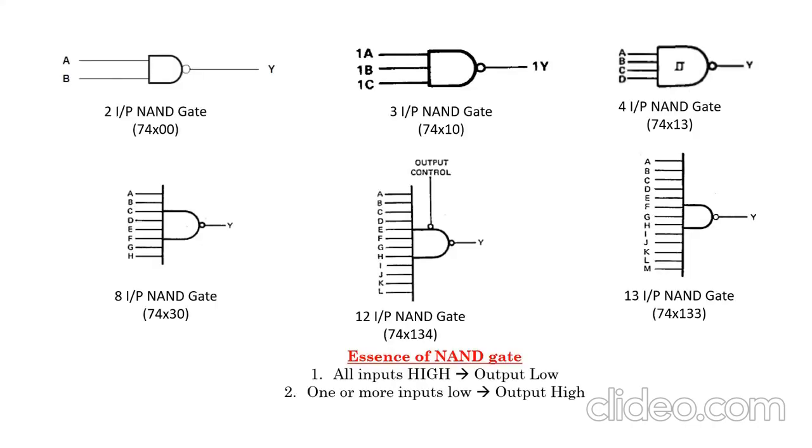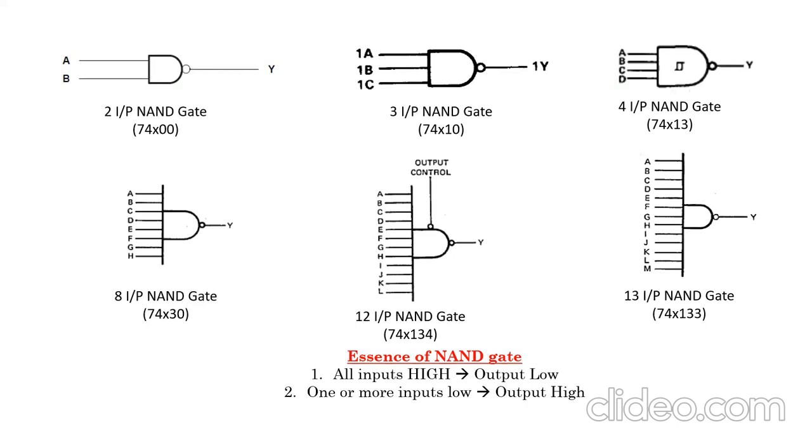These are the commercially available NAND gates that are available as discrete components from the electronics market: 2 input NAND gate, 3 input NAND gate, 4 input NAND gate, 8 input NAND gate, 12 input NAND gate, and 13 input.